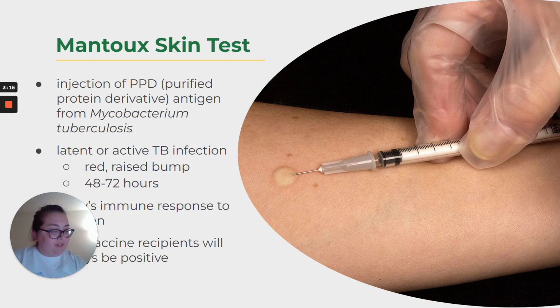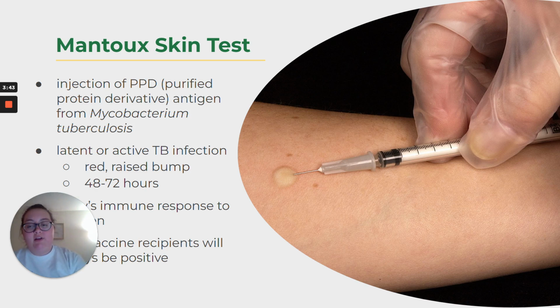So if they have been infected with TB before, or if they have a latent infection, their body will respond quickly to the antigen that's being injected, and they will produce a delayed hypersensitivity reaction. This is a type 4 hypersensitivity reaction. So this is, again, the body's immune response to the antigen, and this is great for detecting latent infection, active infection.